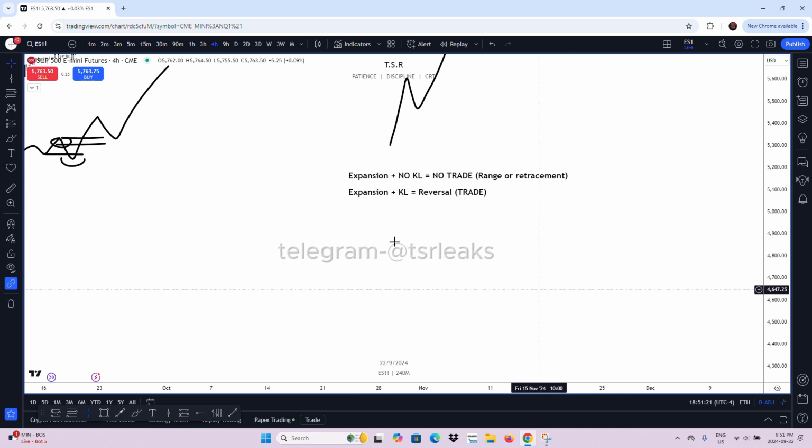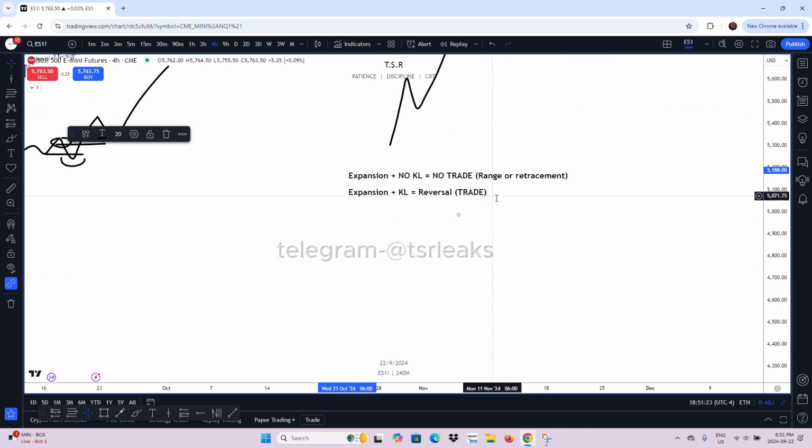Now, what happens if price ranges and doesn't have a key level, plus no key level? What happens next? Manipulation. Now, for the more advanced students, you can indeed trade this.